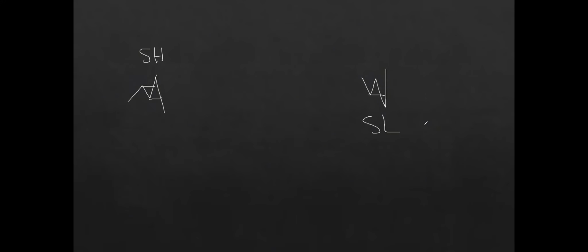Not stop loss, but strong low. That's the short term. Now, we also have a weak high, which is WH, which also takes out liquidity and breaks structure. Then we have a weak low, which also takes out liquidity and breaks structure. But how do we combine this? Let me show you.